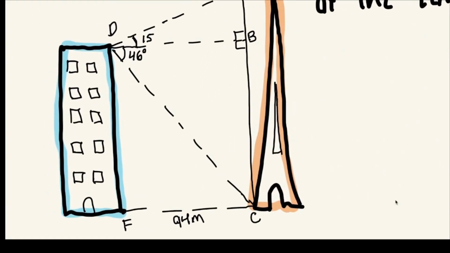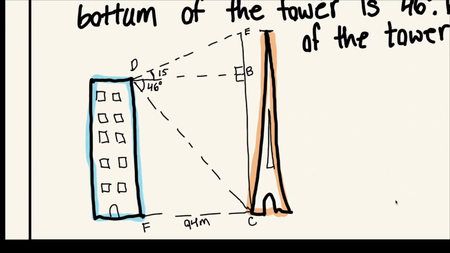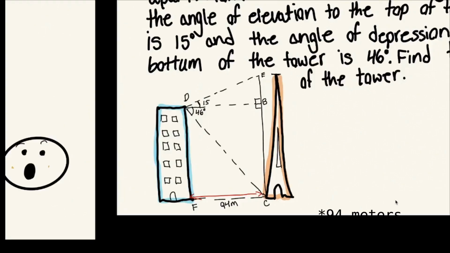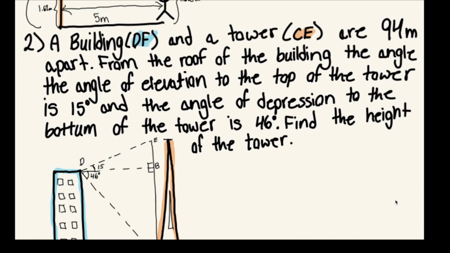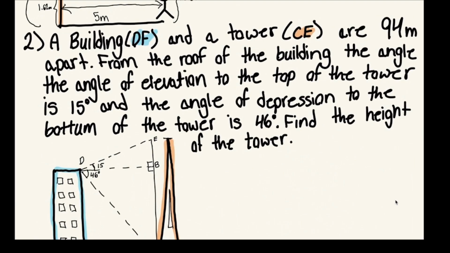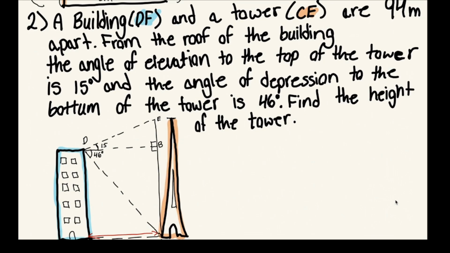Okay, so, oh, this already has it, the diagram. So you see it's 94 meters apart, right? As we can see right here, it's labeled. So both of the buildings are 94 meters apart. Okay, that's good. And from the roof of the building, the angle of elevation to the top of the tower is 15 degrees.